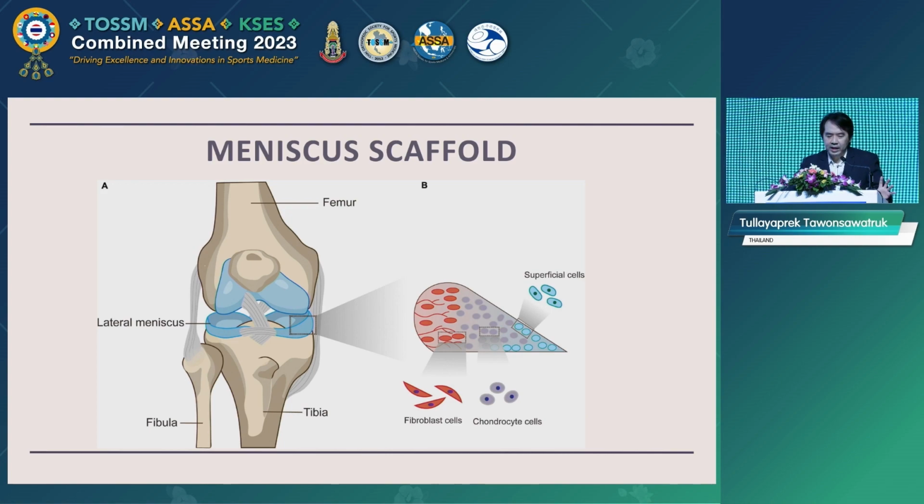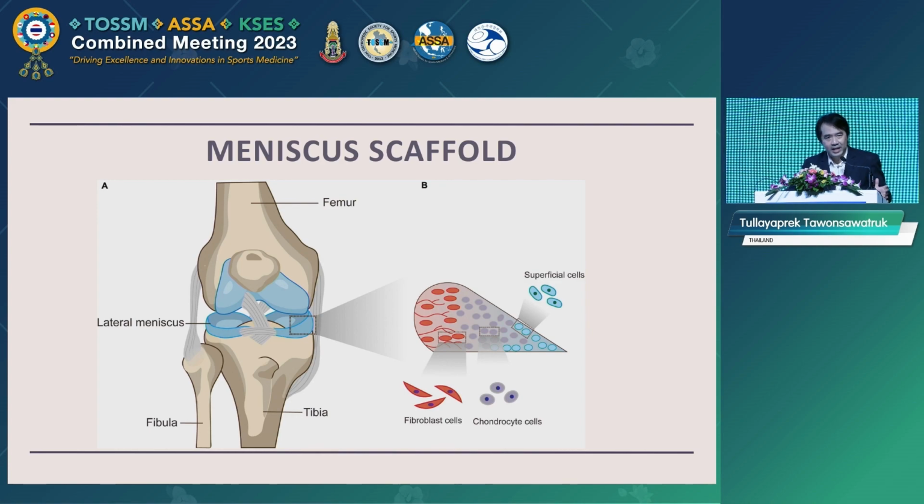This is one of the works of Ajahn Pia, with whom I collaborate. They try to make a meniscus scaffold to put in the reparative site when they suture or repair, to promote regeneration. When we do research on this construct, you have to think about the cell types, like superficial cells, chondrocytes, and fibroblasts.